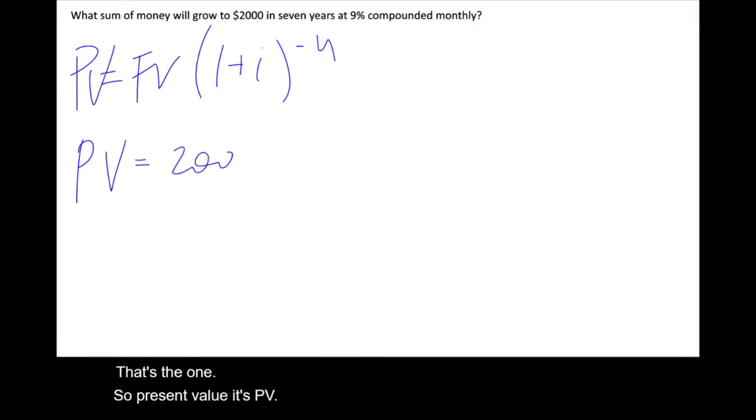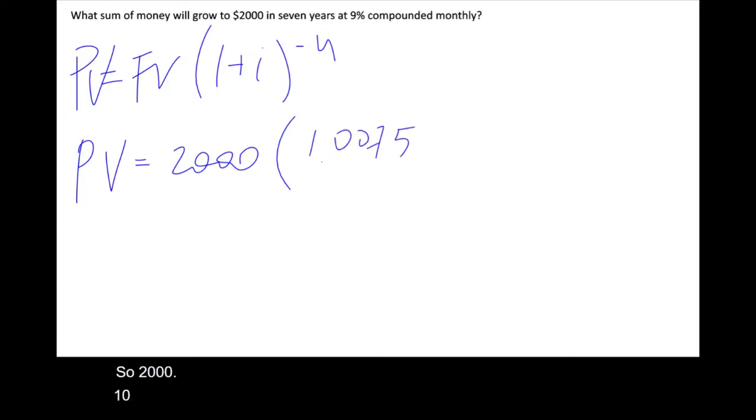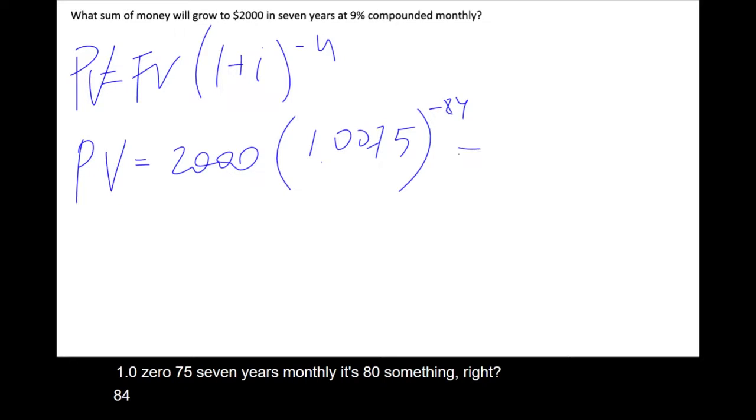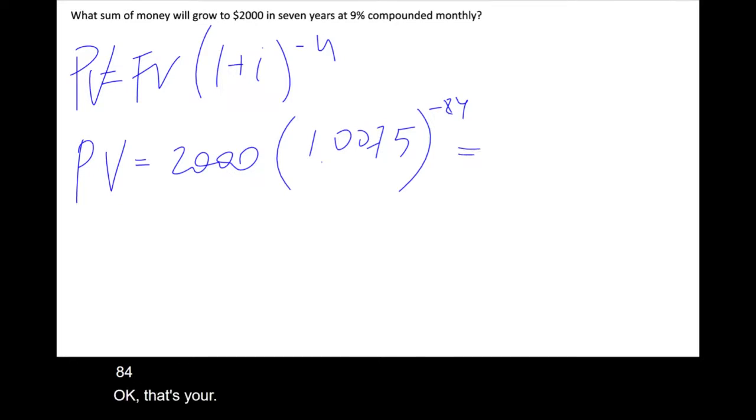So 2000, 1.0075, 7 years, monthly it's 84. Okay, that's your equation. $1,067.69. That's the answer. Do you have the same value?